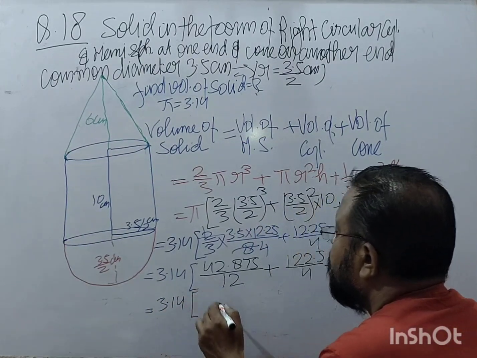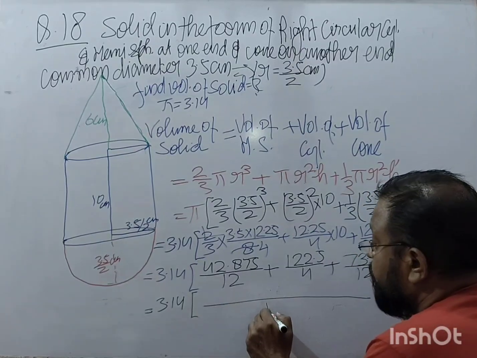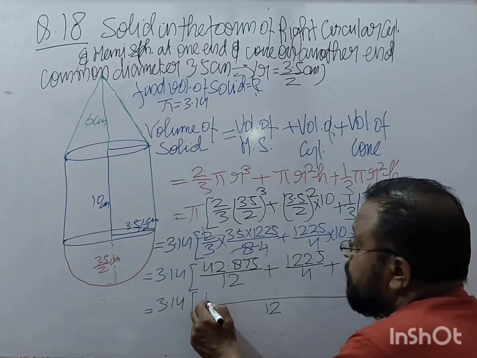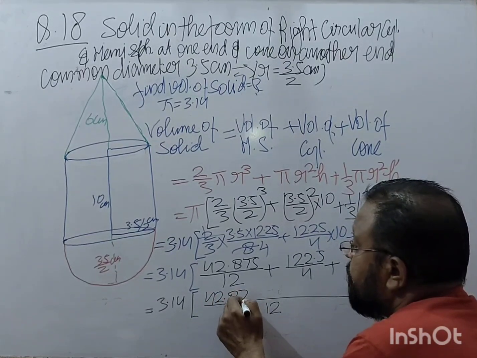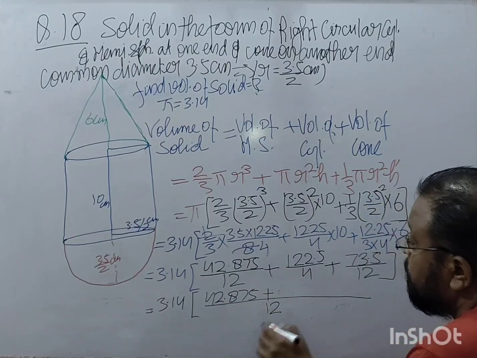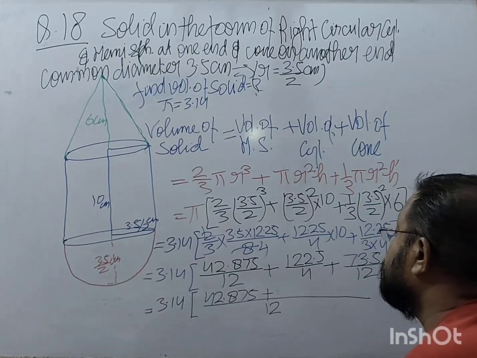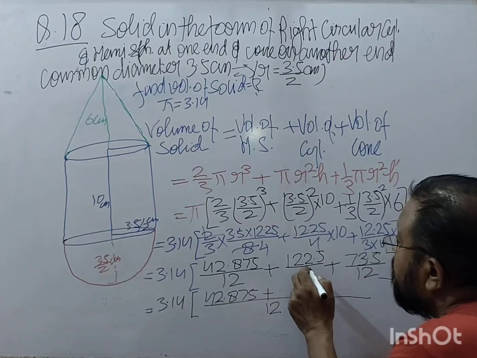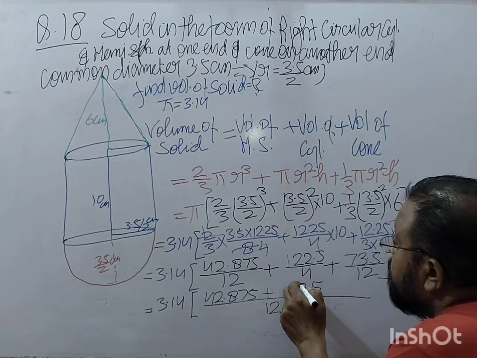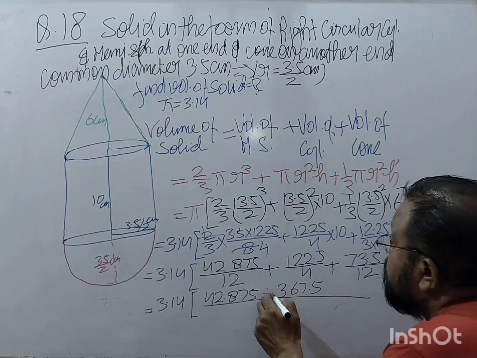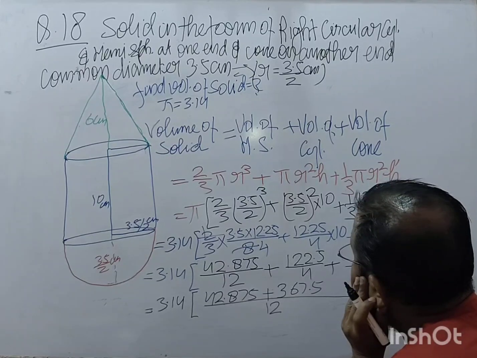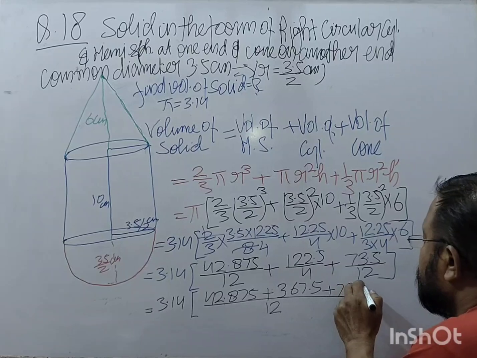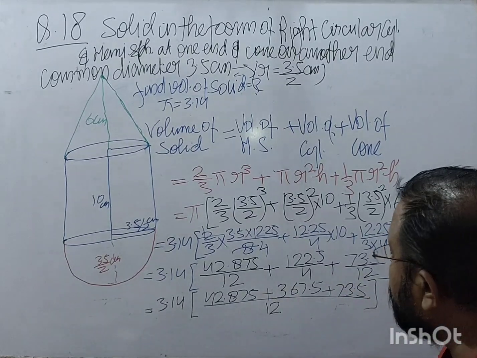This is 3.14 bracket. We have taken 12 as a common. So it is 42.875 plus 3 times 4 becomes 12, 15, 7, 6, 3 plus 73.5, right?